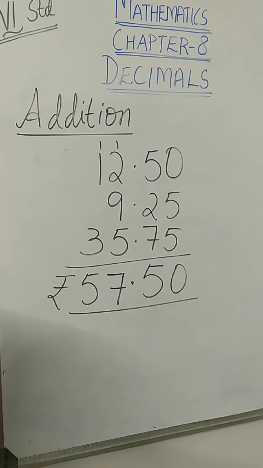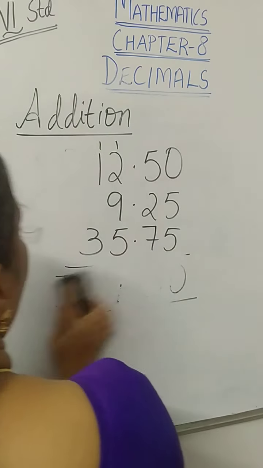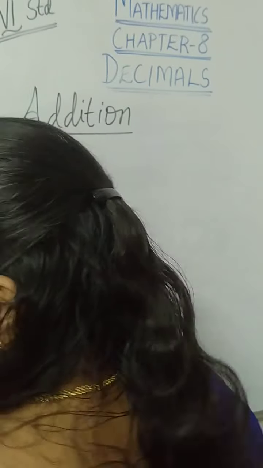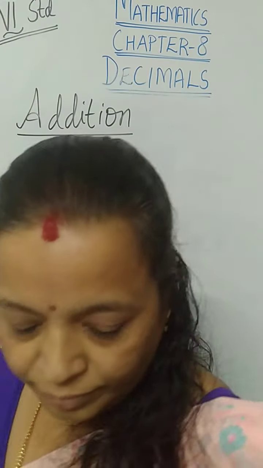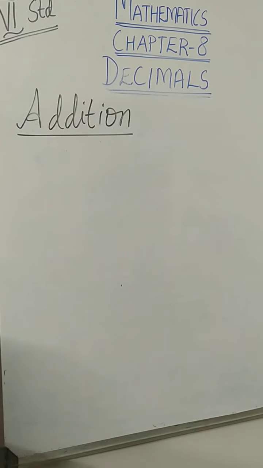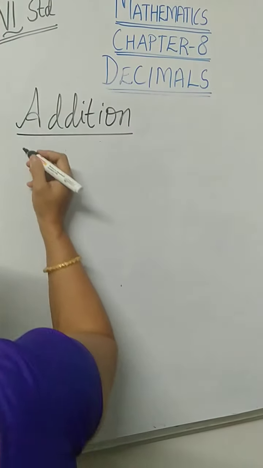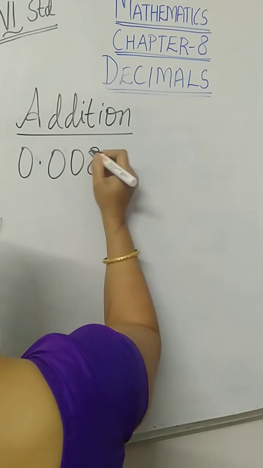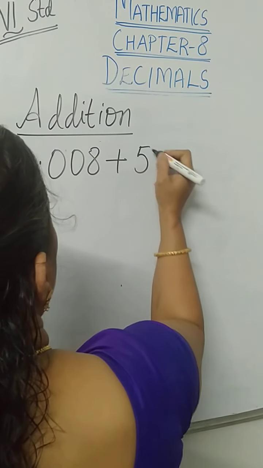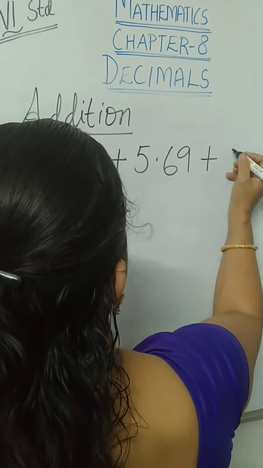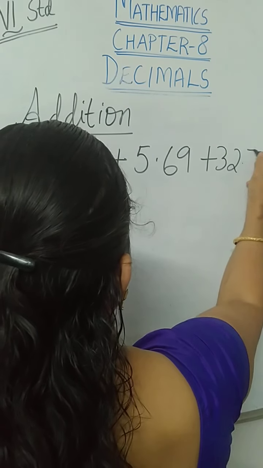Okay. Now I'll show you an example. Look here. Let us add 0.008 plus 5.69 and add 32.7.